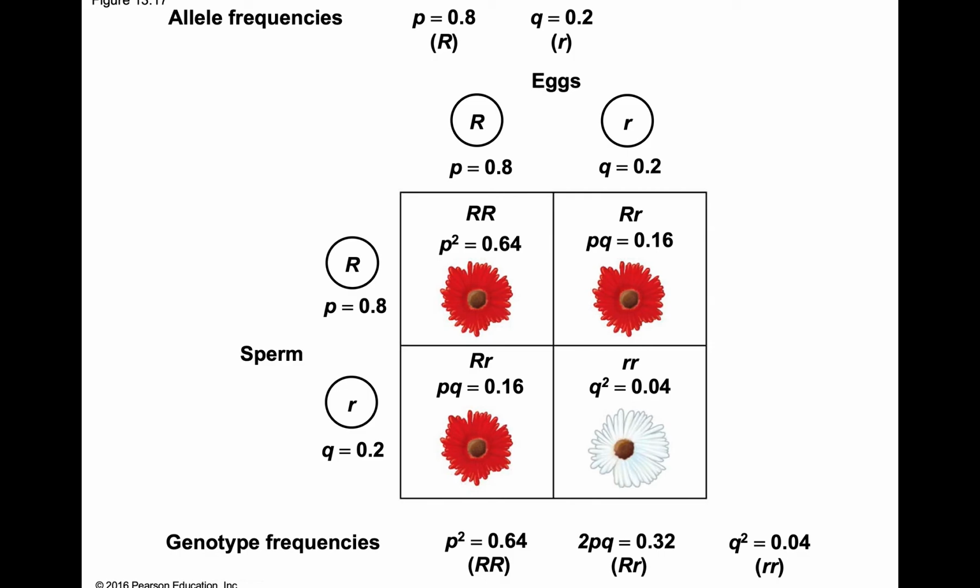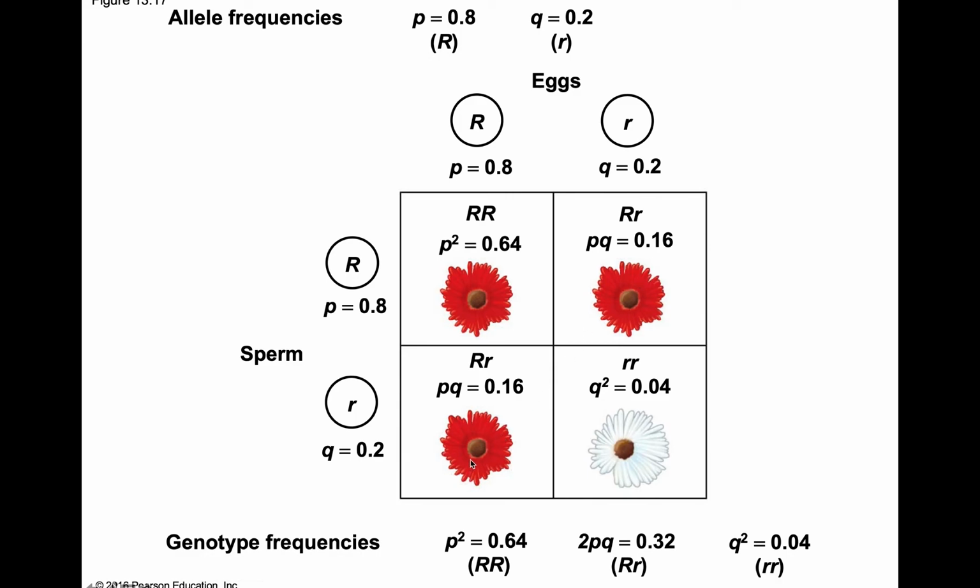Now what that tells me is, what are the odds of getting 2 capital letters as a red flower? It's 64%. So in this population of a garden, for example, we have red flowers, but what are the kinds of red flowers we could have? We could have a capital R, and the odds of getting 2 capital R's are 64%. Okay, what about these 2 red ones?